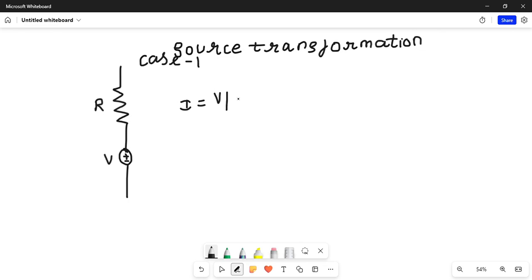These are all the small things that you need to know while doing source transformation problems, because we are only working on this concept, not any other extra things. So you have to use I is equal to V by R. What is going to happen?